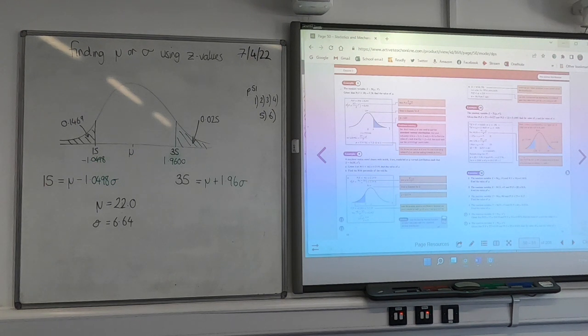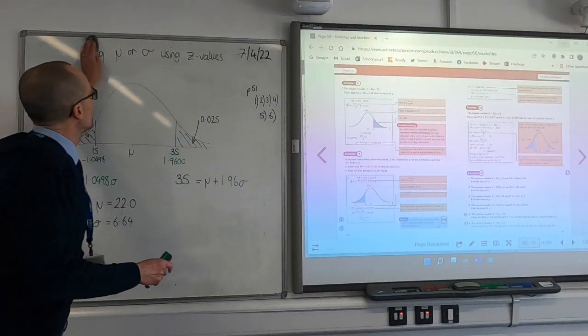And then 1.96. And then 35. And then you press equals. Oh, why have you got a plus? Oh no, yeah, that's the same. If you round that to 3 significant figures. Yeah, you okay? Good. Right.